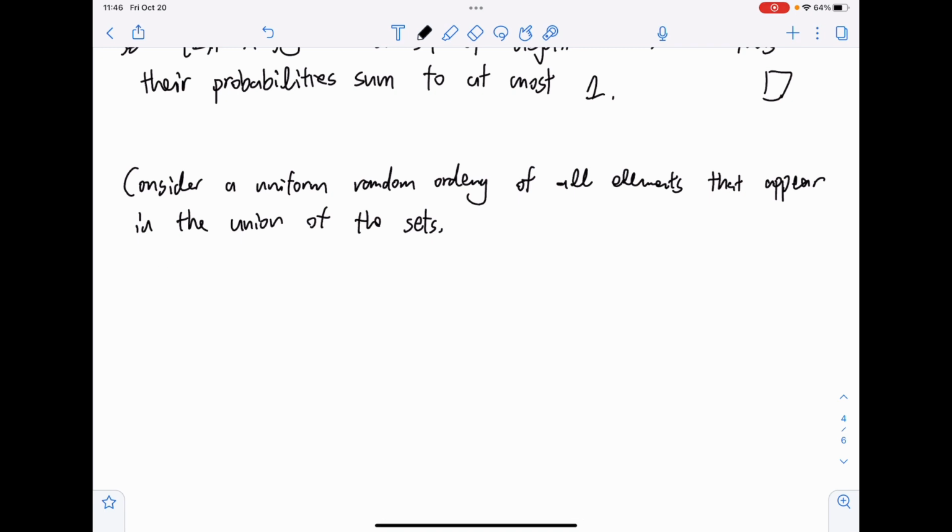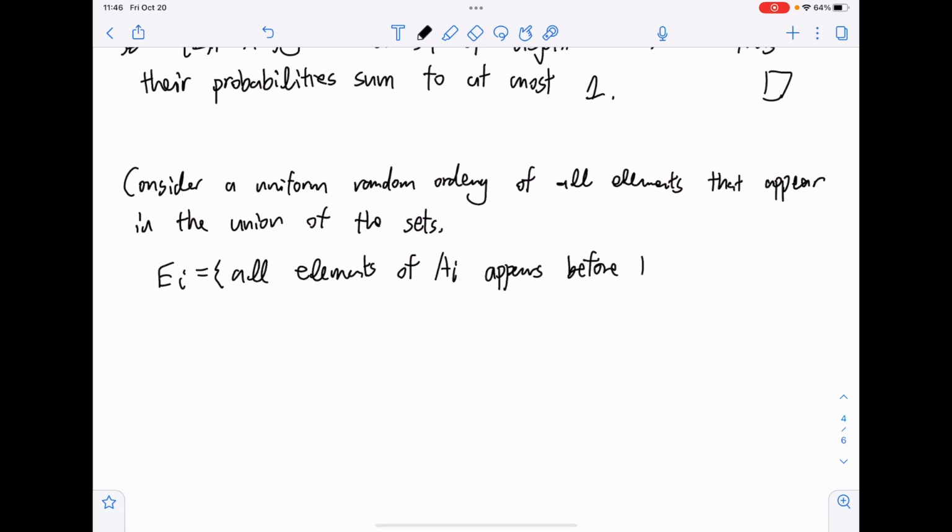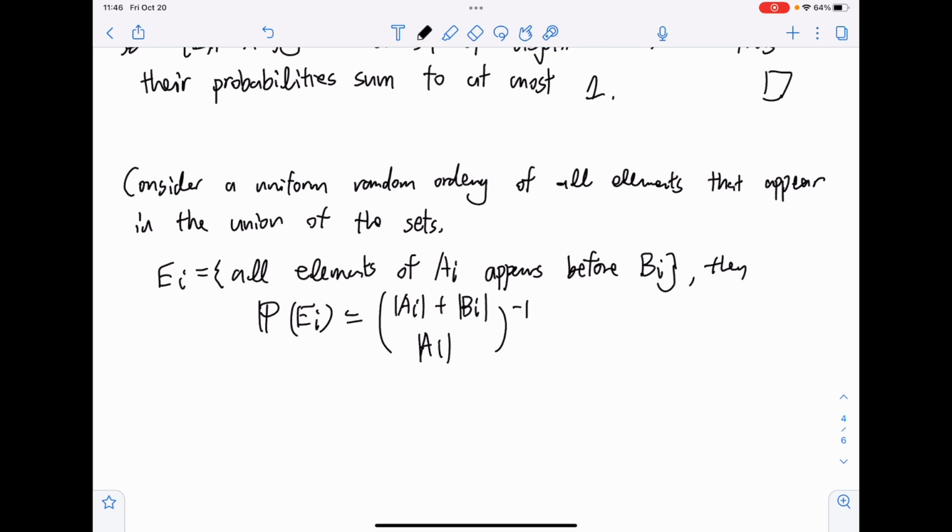Then we let E_i be the event that all elements of A_i appear before B_i. We can see that the probability of each such E_i happening is the binomial coefficient of size of A_i plus size of B_i choose size of A_i, to the power of -1.